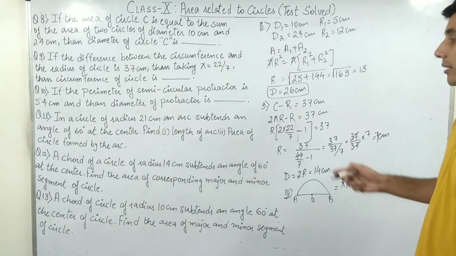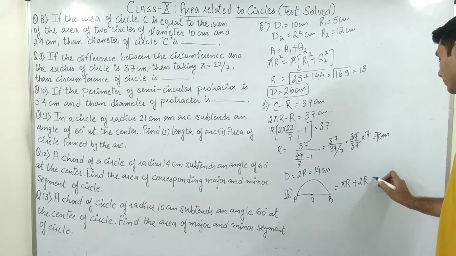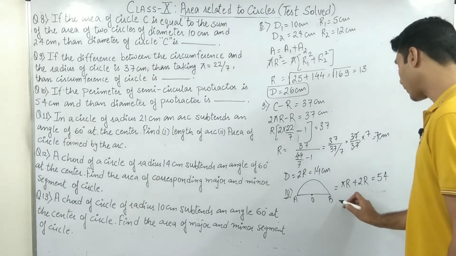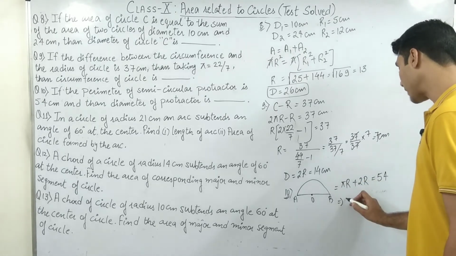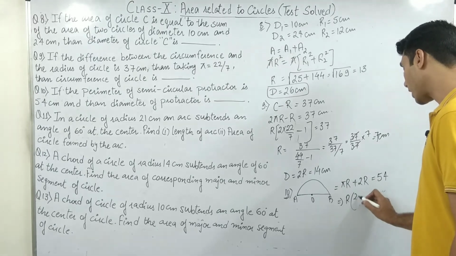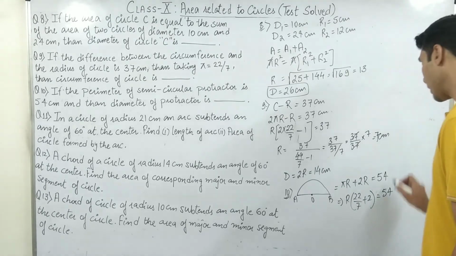Now they are saying that in question number 10 this is equal to what? 54 centimeter, correct? So let's now find it out. I took r common outside, so inside it will remain 22 upon 7 plus 2 should be equal to what? 54. Let's solve it.